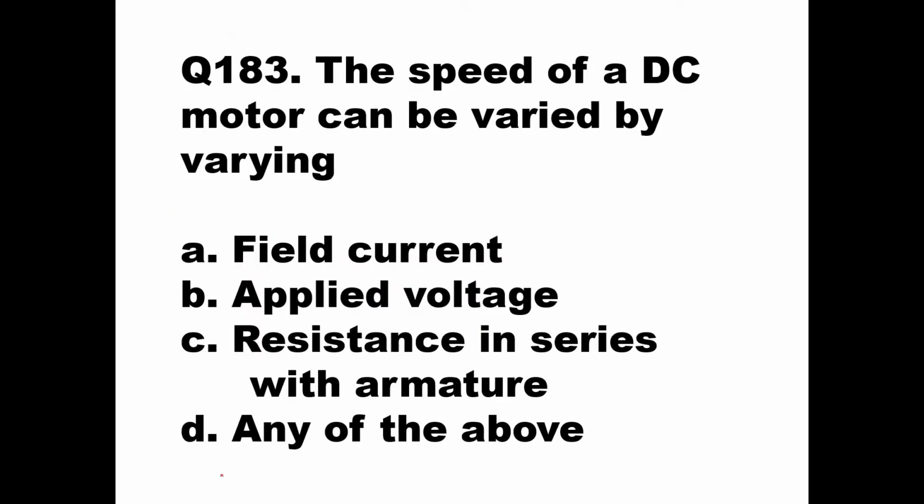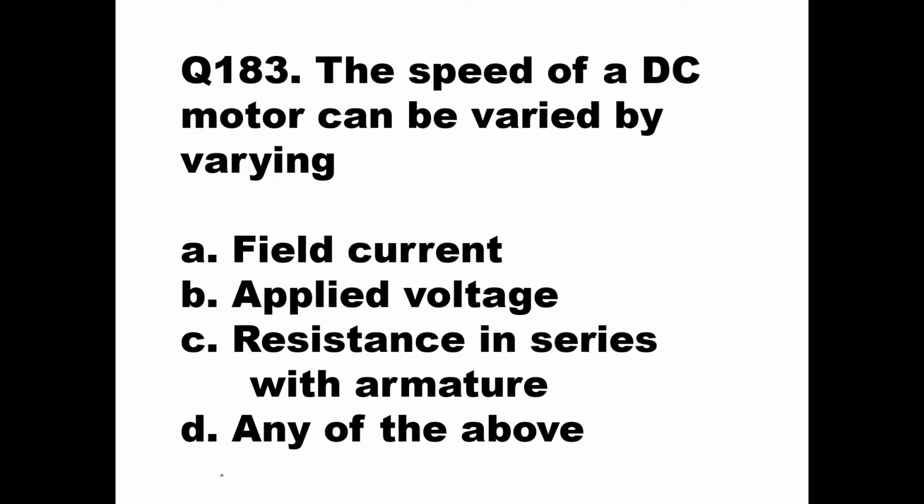Question number 183. The speed of a DC motor can be varied by varying what? Options are field current, applied voltage, resistance in series with armature, or any of the above. We can vary the speed of the motor by varying the field current IF. We can vary the speed by the applied voltage.